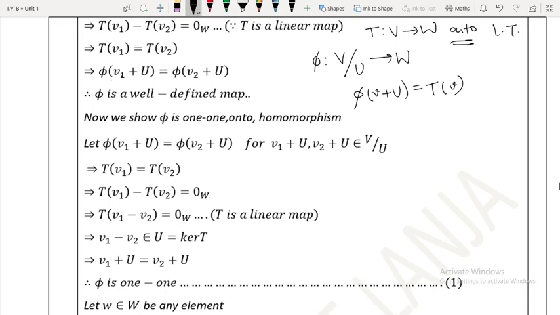Now in order to show this phi is onto, we will take one element of W. Onto means every element in the codomain should have a pre-image.